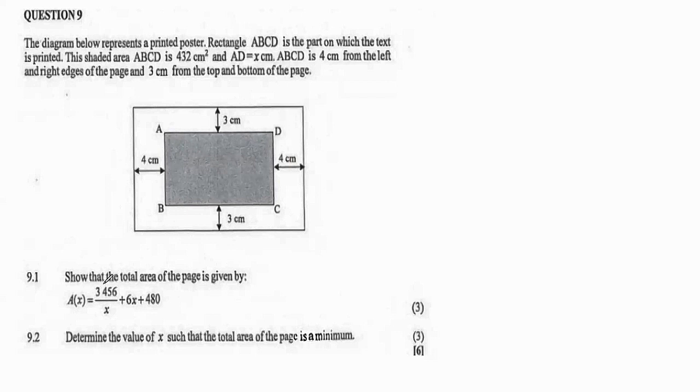So 9.1 says, show that the total area of the page is given by this expression, area in terms of X. So now let's start. We are given the area of ABCD, and since it's a rectangle, the area of the rectangle is represented by length times breadth.